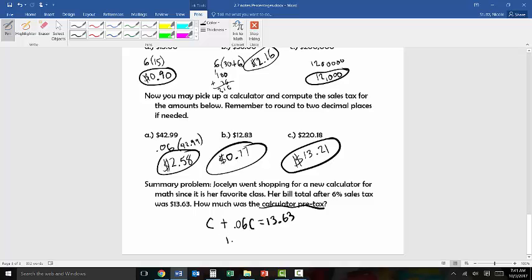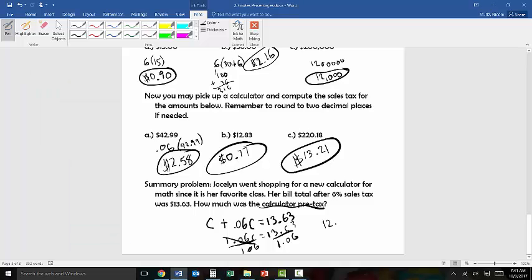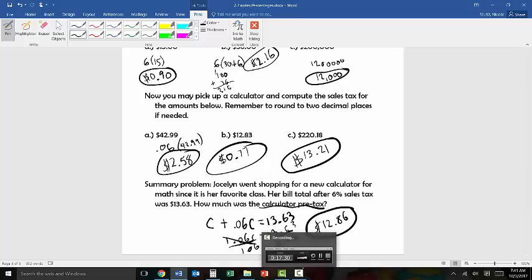You just combine your like terms. All right, so that price of the calculator was $12.86. And that's it.